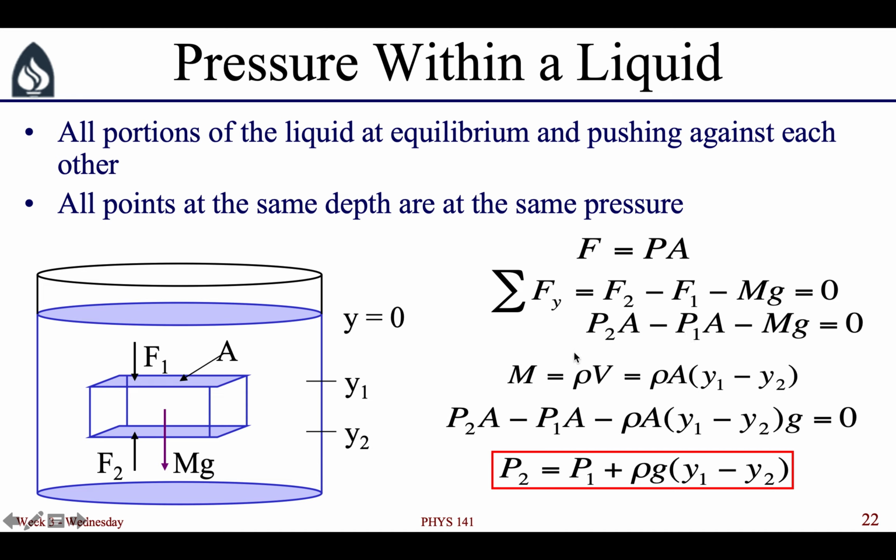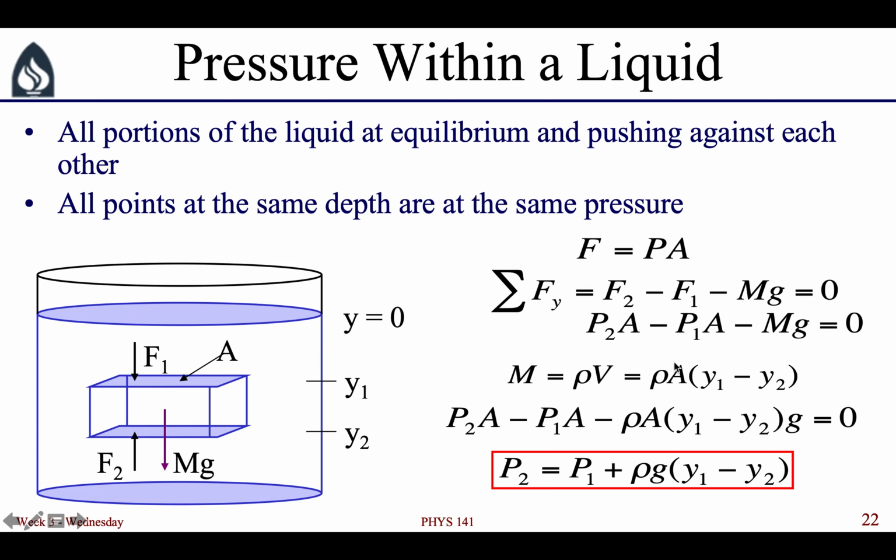Then we can also recognize that the mass of the liquid is equal to the density of the liquid times the volume. Here we've just taken the density equation and multiplied both sides by volume. The volume is equal to the area of the top of our imaginary box times y1 minus y2. y1 is a little bit higher than y2, so y1 minus y2 will give us this height as a positive number.